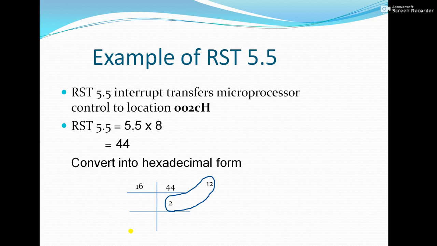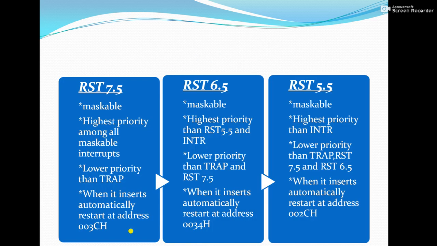So 12 will be C. So therefore the answer is 002CH. Now instead of 12 we will be writing C over here. Likewise, we can calculate all vector interrupts. Now we will have a short discussion on RST 7.5, RST 6.5 and RST 5.5.